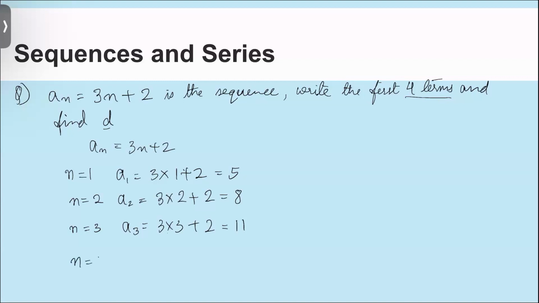And for n equal to 4, a4 is 3 into 4 plus 2, which is 14. These are the first 4 terms of the sequence a_n equal to 3n plus 2.